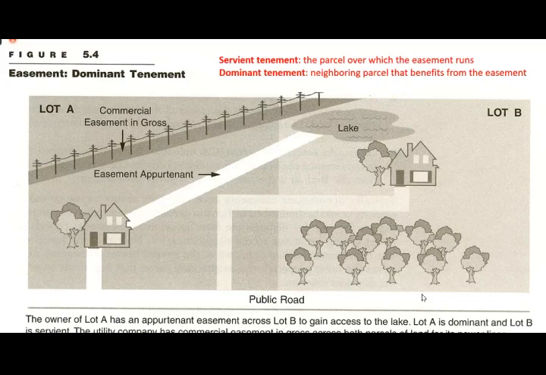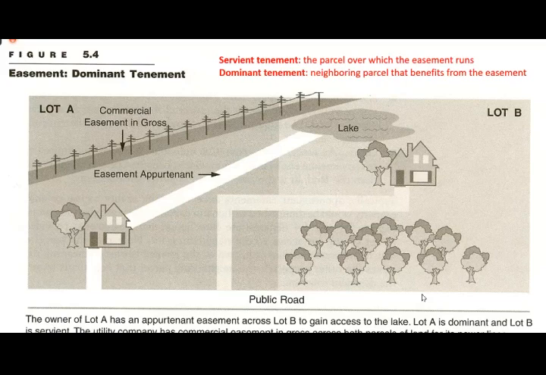Okay, so for this example, there are two of them in the book, 5.3 and 5.4. If you look at them while I'm reading this to you, it will make sense, okay? So go to page 76. You're going to see a diagram here.